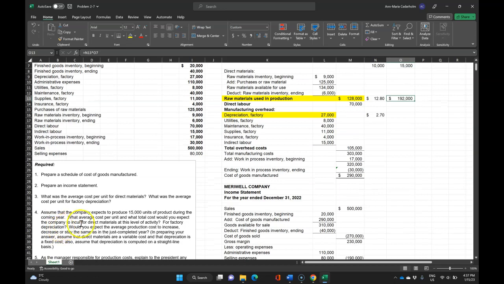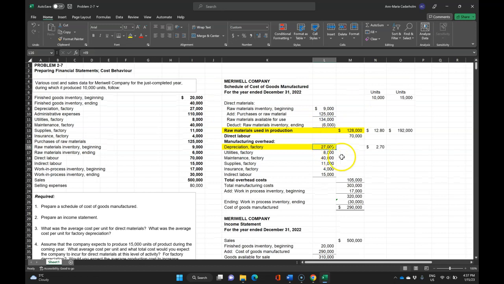So then the second one is asking us, what would it be for factory depreciation? So let's look at the factory depreciation. So this is known as a fixed cost. So it doesn't matter how many units you sell, we're always going to have $27,000 at 10,000 units and at 15,000 units.